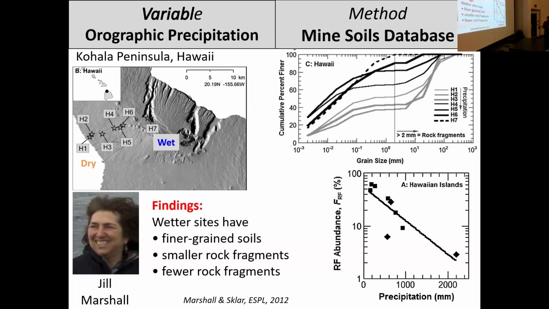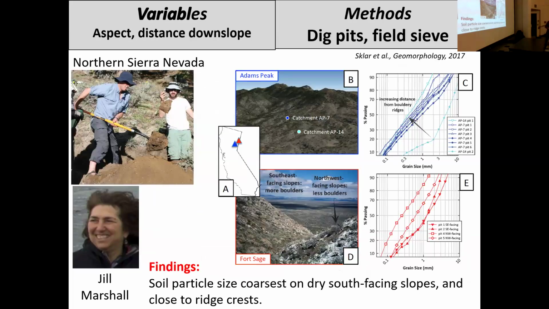She found this in other places as well, and also did 2 or 3 masters, only one of which was encapsulated in that past slide. She also went to the Sierra Nevada and dug soil pits in places where we were testing the hypothesis that as you move down the hill slope, you would be looking at material that had spent longer in the weathering engine and would be finer grained.